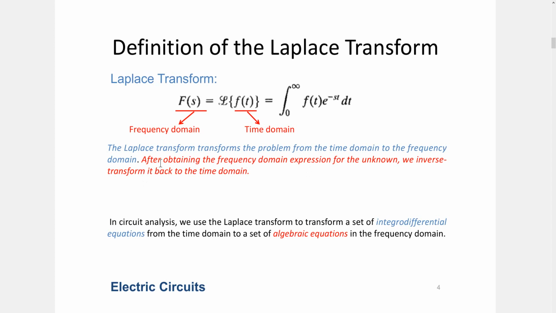So we will learn about how this is done. As I mentioned before, this Laplace transform basically helps us transform a set of integral differential equations from time domain to a set of algebraic linear equations in frequency domain, which is pretty solvable using the basic tools of linear algebra.